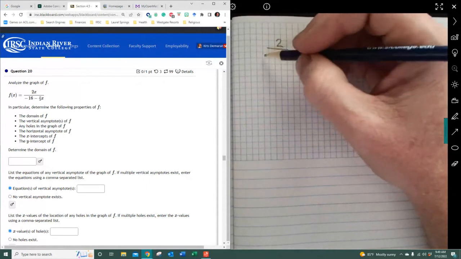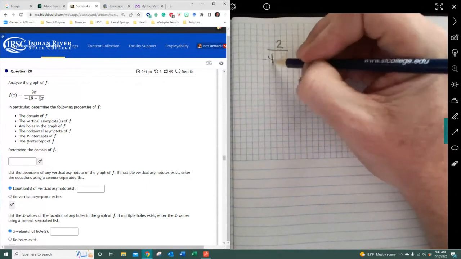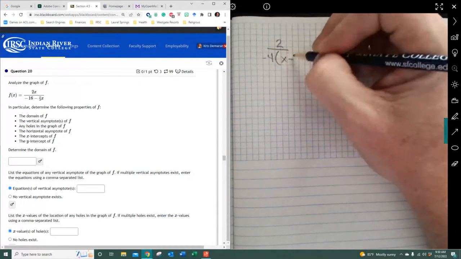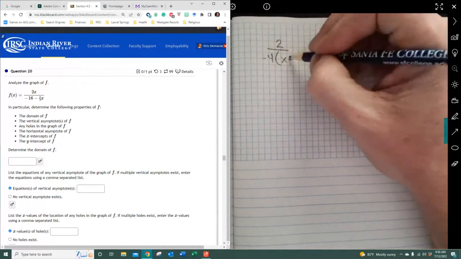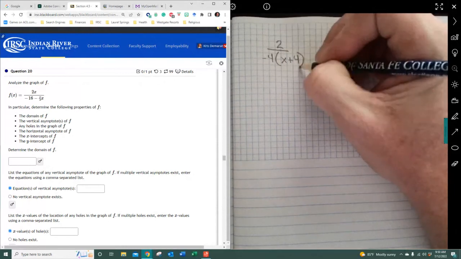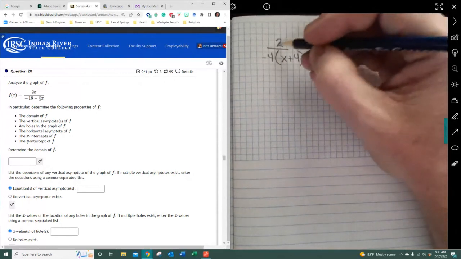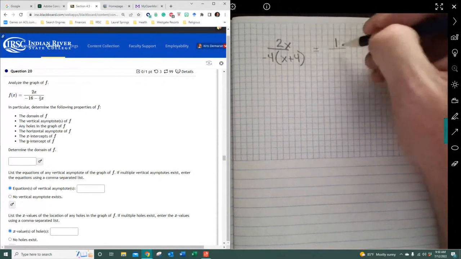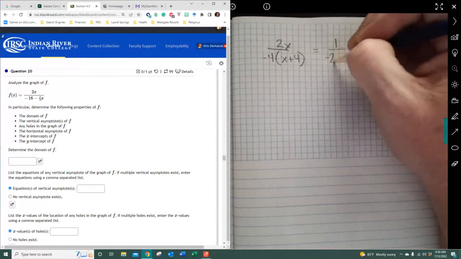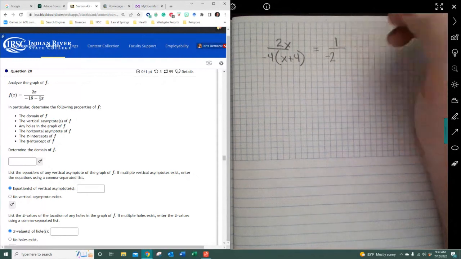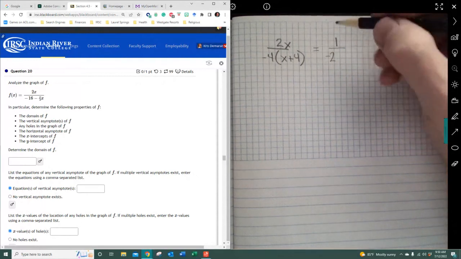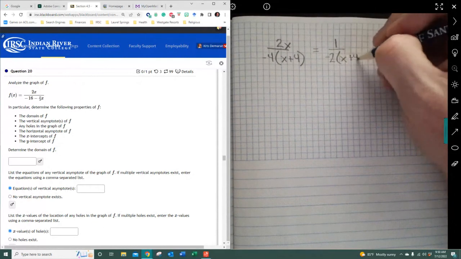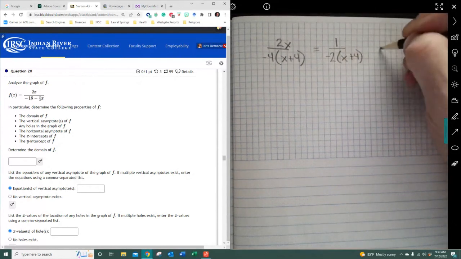I'm going to factor out -4 from this, and I'm going to get x plus 4. And then I have an x here, and then I could reduce that down to 1 over -2. I could even put the 2 up to the top, but it doesn't deprive us of the fact that we have a vertical asymptote.